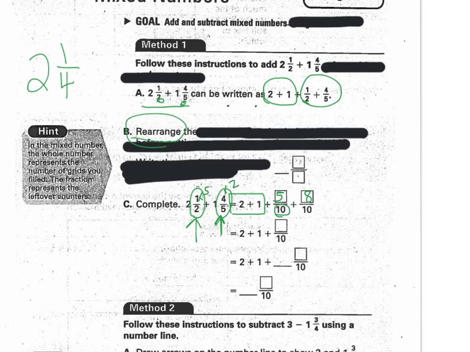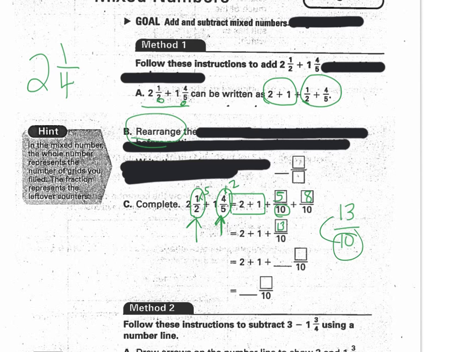Now I can add my fractions. 5 plus 8 is 13. So I have 2 plus 1 plus 13/10. I need to change my improper fraction into a mixed fraction. I do this by asking how many times can the denominator of 10 go into 13?